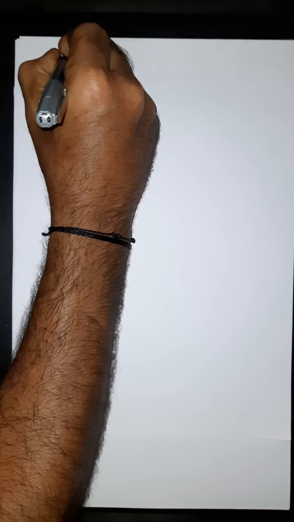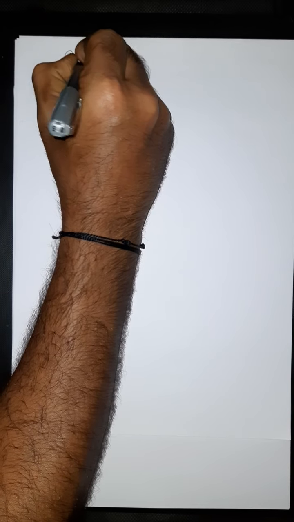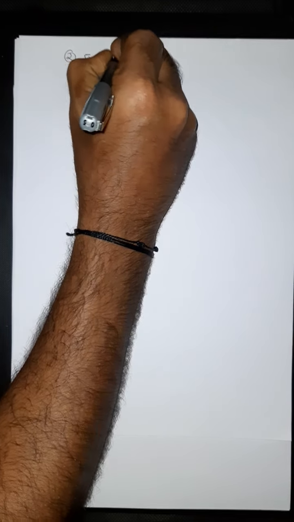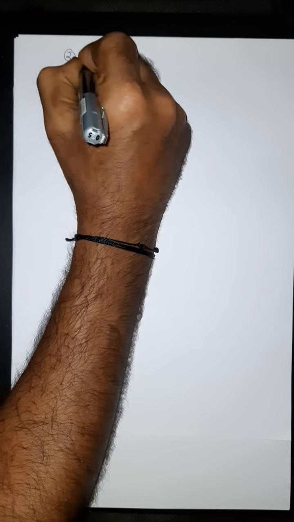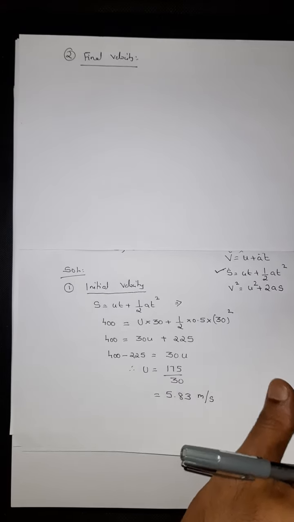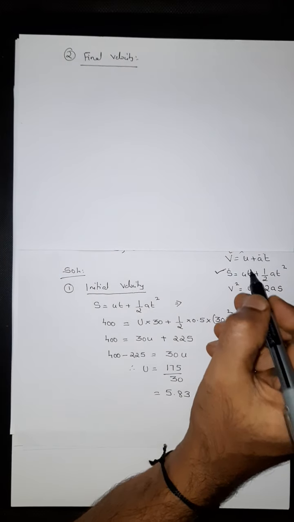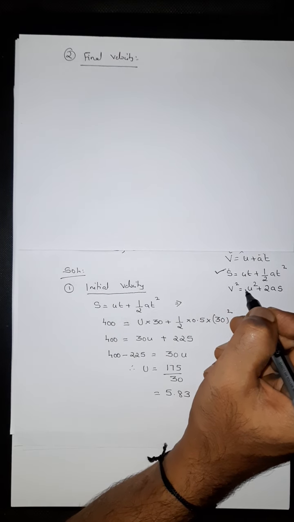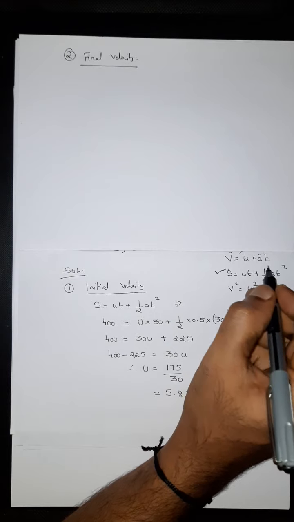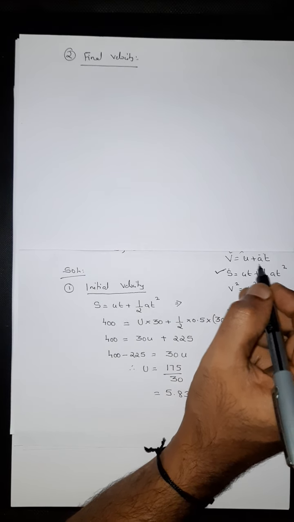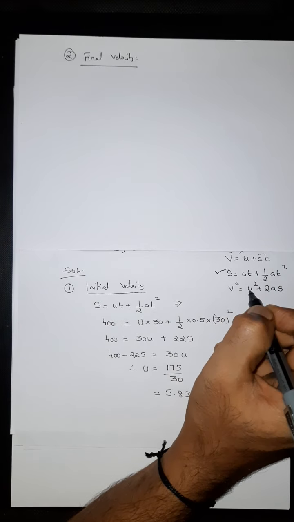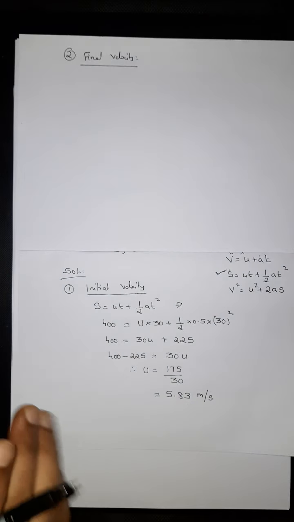Now, second, final velocity. These are the three formulas, and we need the apt formula to be used to find the final velocity.